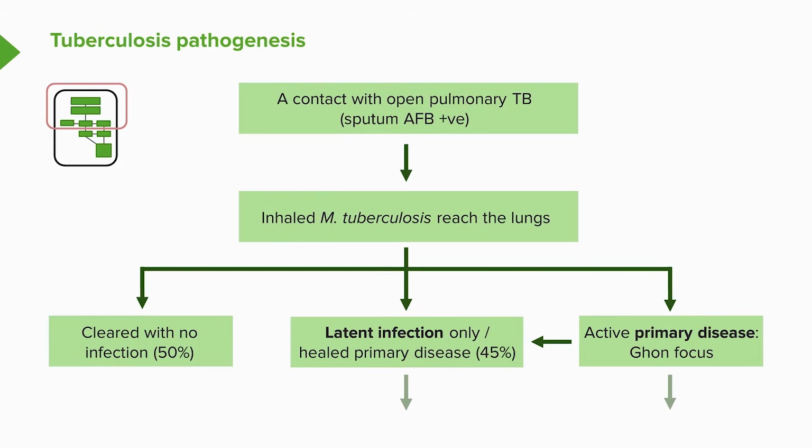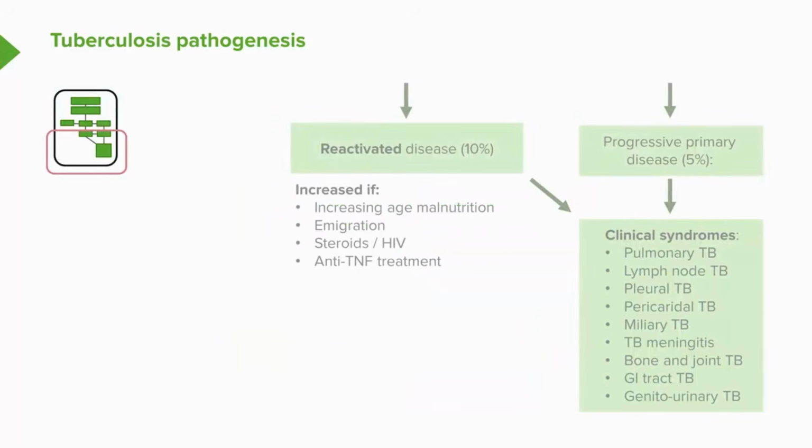In fact, if you're infected as a child, it is quite likely you have latent infection present at the point when you die, even if that may be 70, 80 years later. So the majority of people will fall into the cleared infection or perhaps having latent infection. What can happen with the small minority with the active infection is that it can progress, and it can progress to affect other parts of the body.